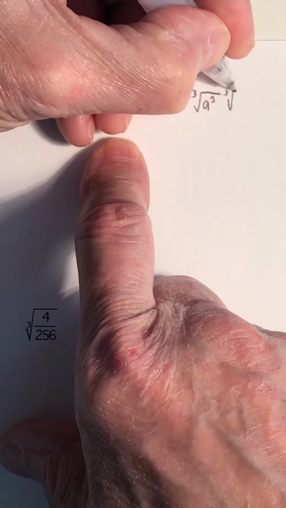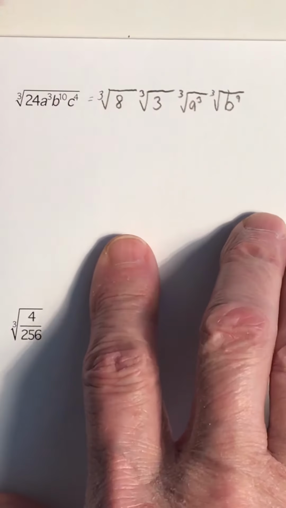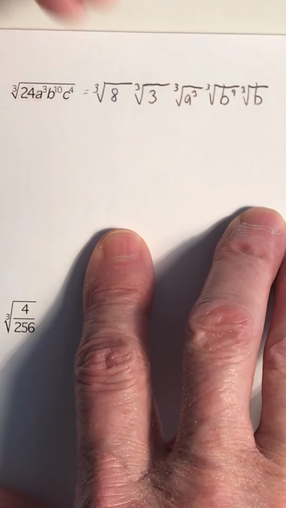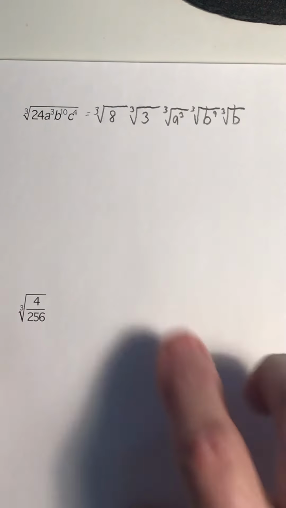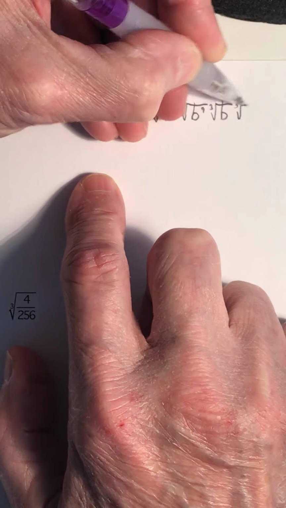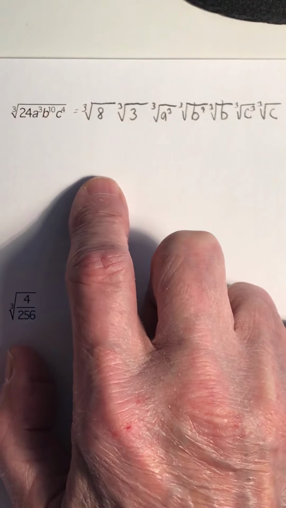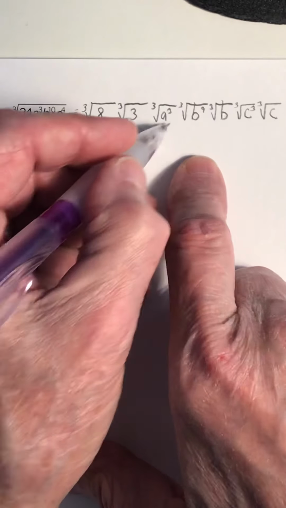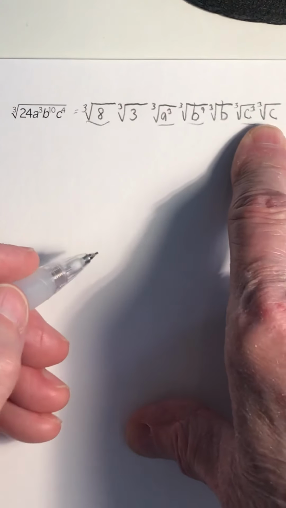So we're going to change that b to the 10th into b to the 9th, b to the 1st, and finally for the c term, c to the 4th, we'll rewrite that c to the 3rd, c. Now, this changes, that stays, that changes, that changes, that stays, that changes, that stays.